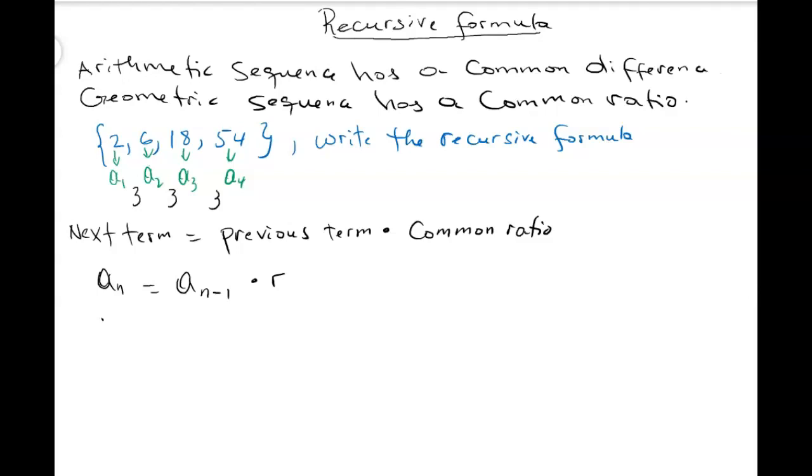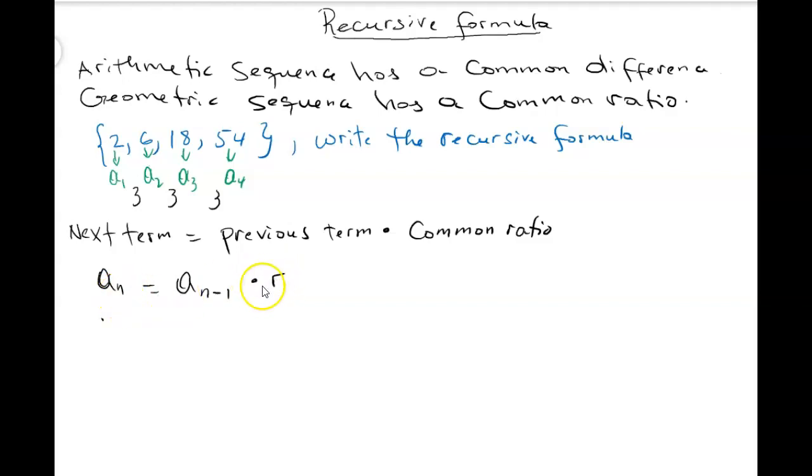a sub n is the term you're looking for, the next term. So that's equal to the a sub n minus 1. Remember that n could be anything. It could be 4, it could be 3, it could be 2, it could be 7, whatever term you are looking for. So the n minus 1 simply represents the term before the term you're looking for.